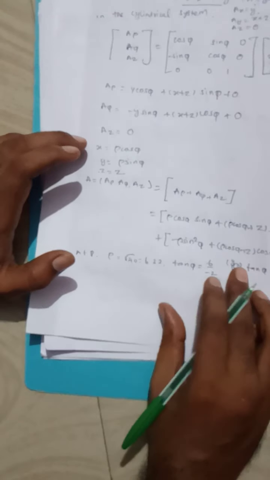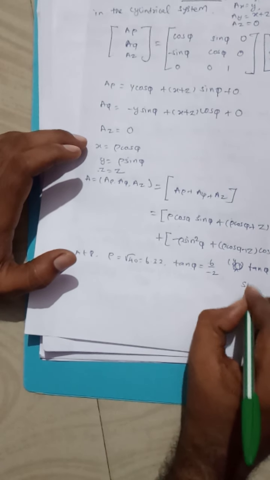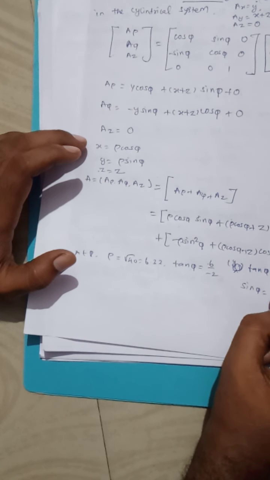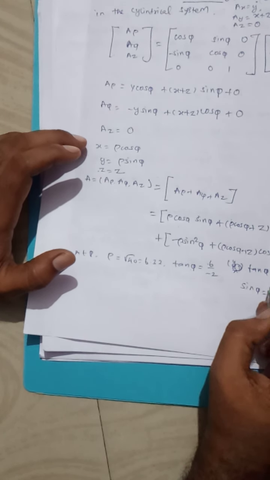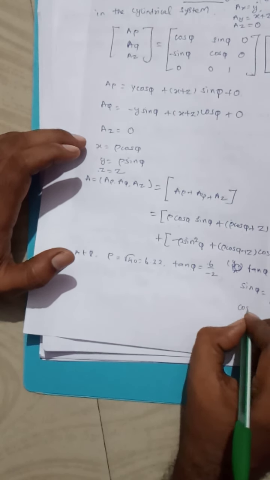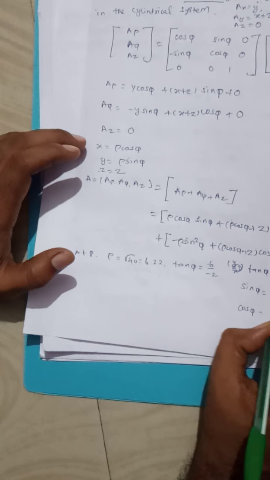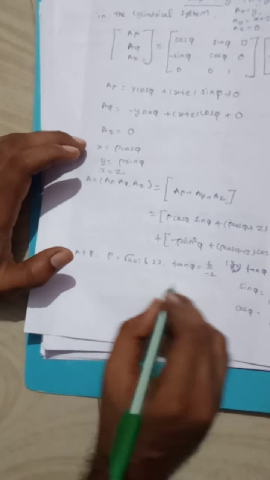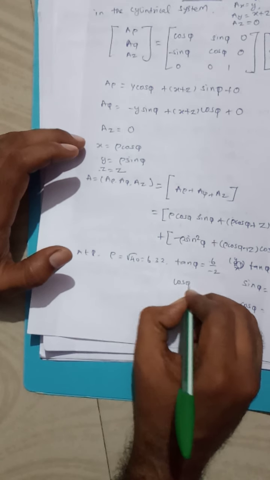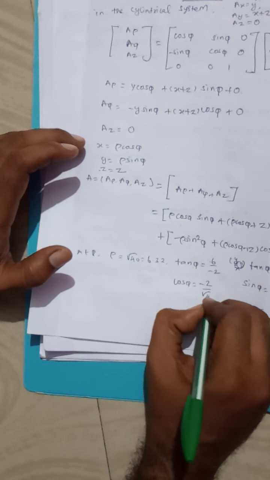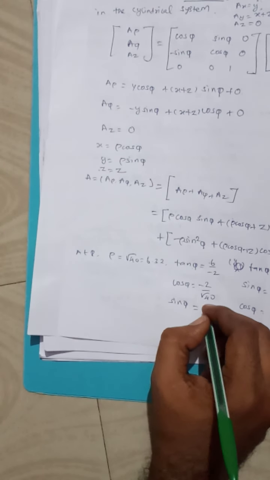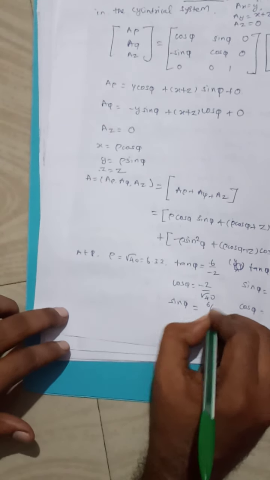Remember, the sin phi value is given by y by rho, and cos phi is given by x by rho, okay. So that corresponding value we can get. So you'll get cos phi as minus 2 by root of 40 and sin phi as 6 by root of 40.